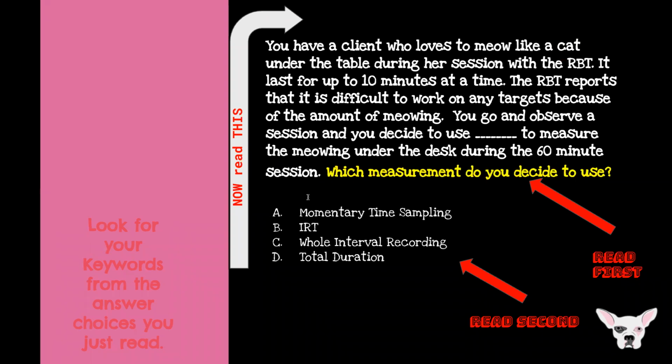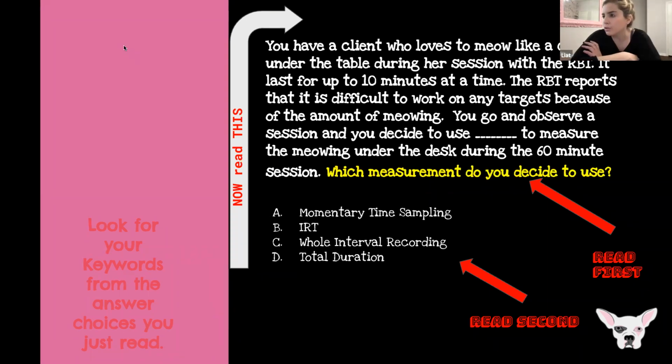So which one would you choose? C, whole interval recording. Are you confident in that? No, not really. Okay, well, whole interval recording. I was going to say, remember when I just talked about the slide previously, when we use whole interval recording, we are using it basically when you want to increase the behavior and it's a discontinuous measurement procedure.